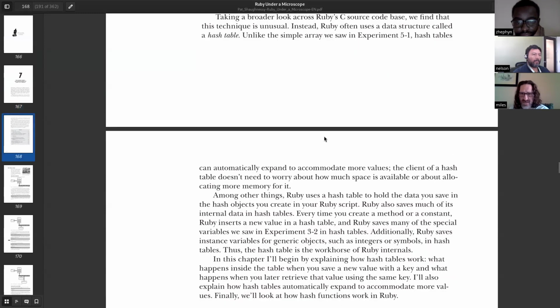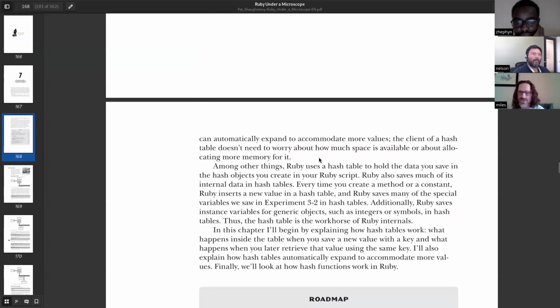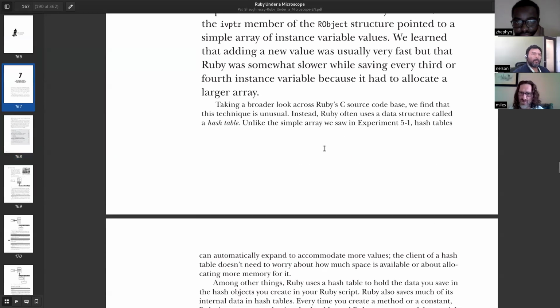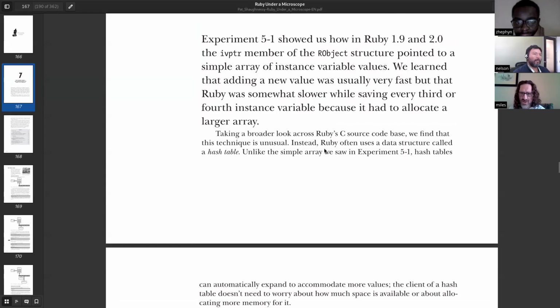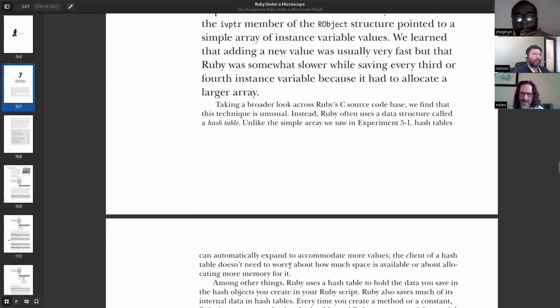Some things I did take notes on, and I don't know if you felt this way too. Throughout the chapter, I noticed them saying a lot of things that were dependent on how the hash table is actually implemented.